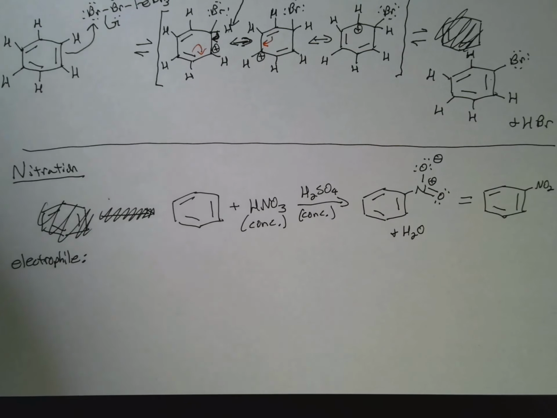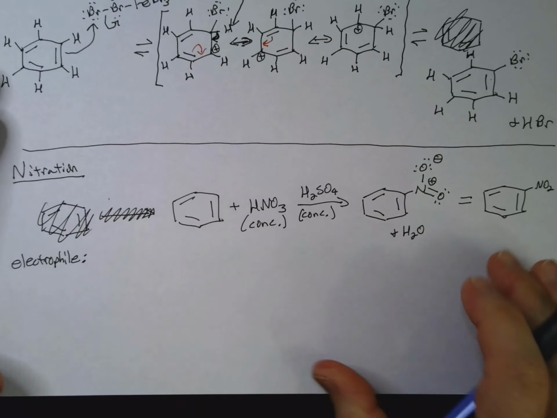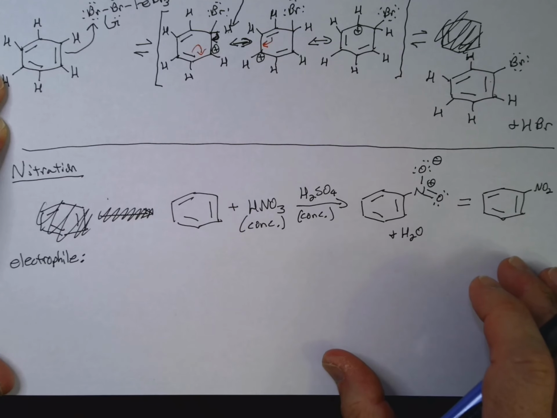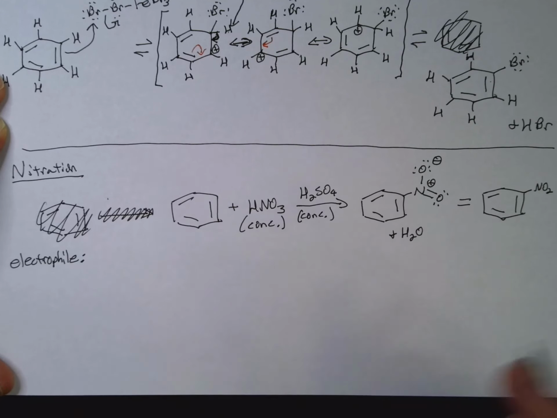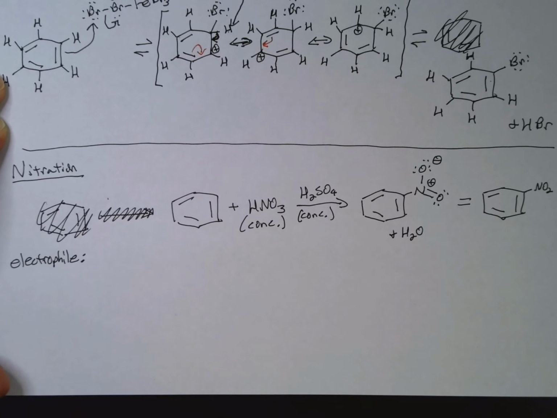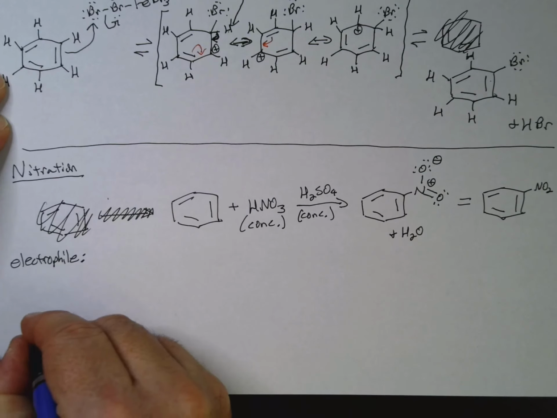And if you use concentrated sulfuric acid and concentrated nitric acid, you can actually protonate nitric acid. I know that seems a little weird. So let's take a look at how that would happen.